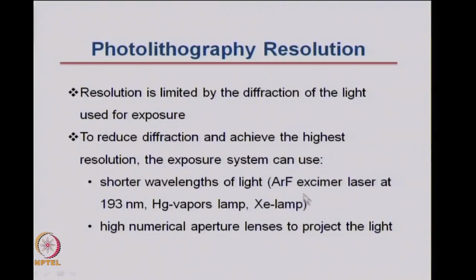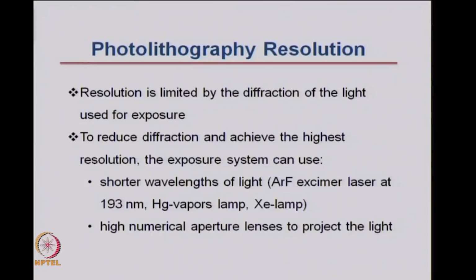For example, you can use an excimer laser which uses radiation of the wavelength of 193 nanometers. You can use a mercury vapor lamp or xenon lamp. So, you can use shorter wavelengths to avoid the resolution being limited by diffraction. Of course, you are going down below the UV limit.